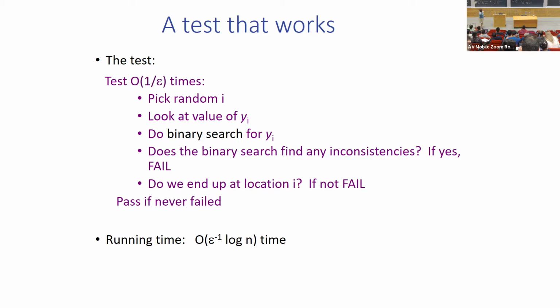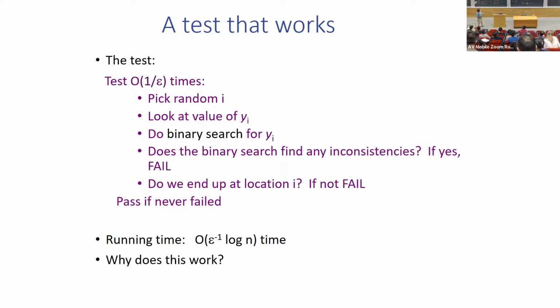If I don't end up at location i, there's a problem, reject. So that's what we're going to do. If I see any inconsistency or I don't end up at location i, we fail. Otherwise, we try again, order 1 over epsilon times. So the running time of this test is order 1 over epsilon times log n, because I need log n for the binary search.